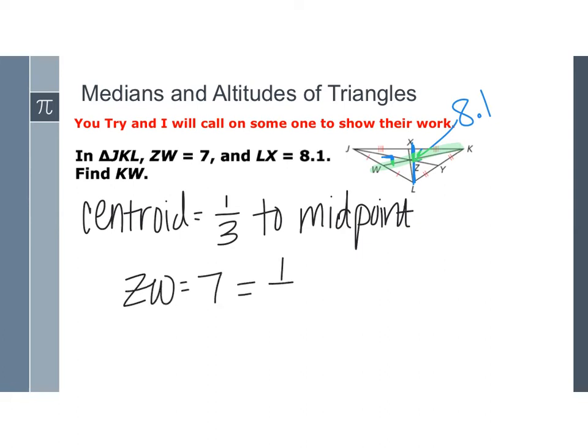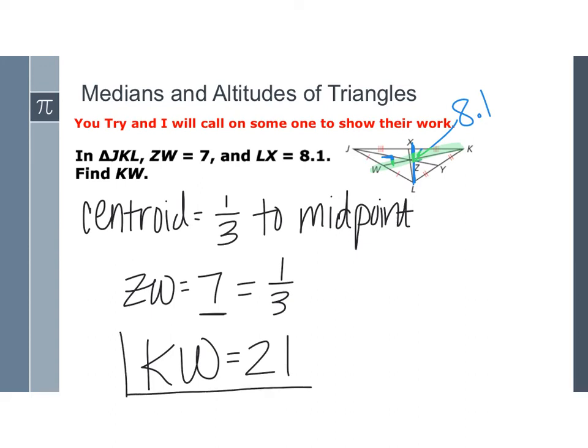That means that ZW is 1/3. If I want to know the whole length, I'm just going to take 7 times 3. So KW is 21. That LX there, I'm fairly certain was just there to confuse us.